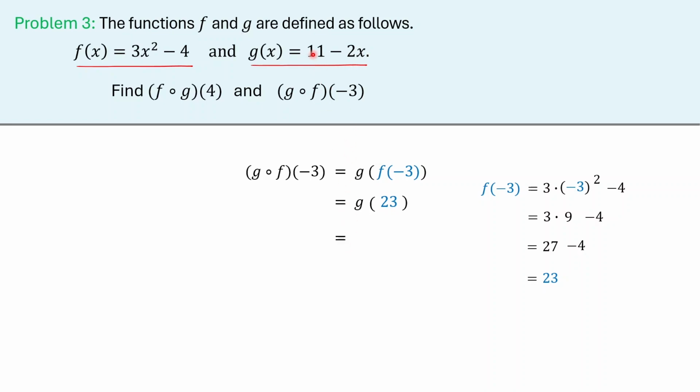You get 11 minus 2 times x. X is 23 is equal to 11. Negative 2 times 23 is negative 46 is equal to 11 minus 46 is negative 35. This is the answer.